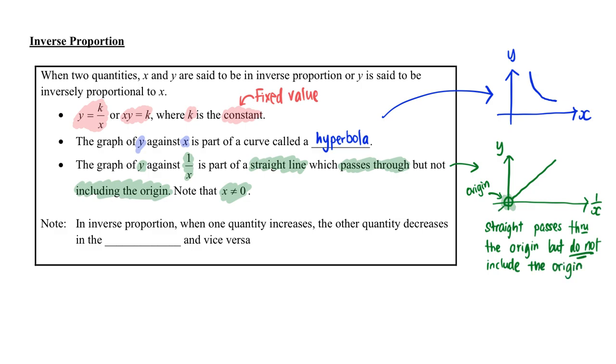Okay, that means this line will continue to go, but it's just that this particular point, the origin, it does not include it. It is not part of this graph.